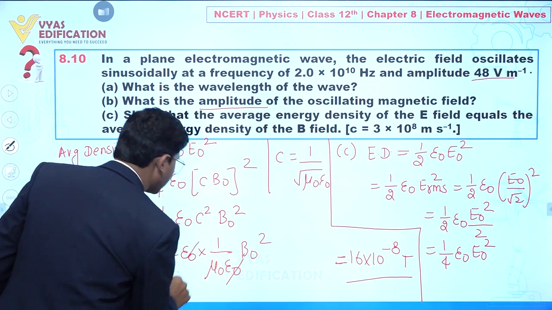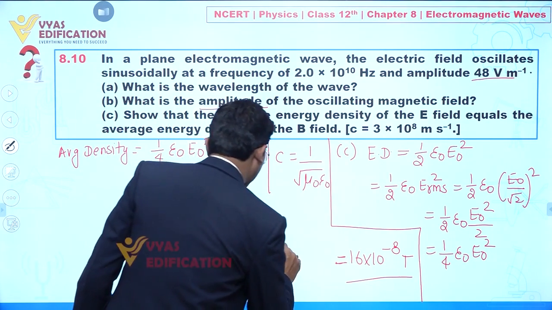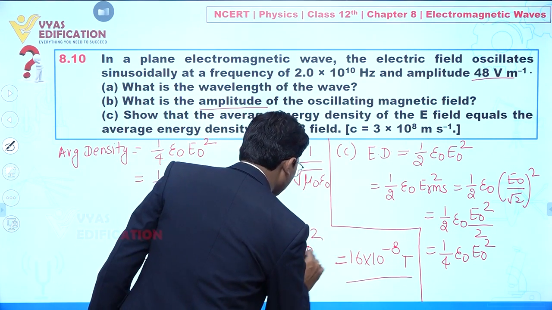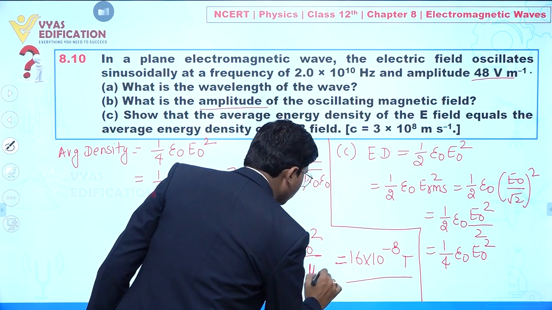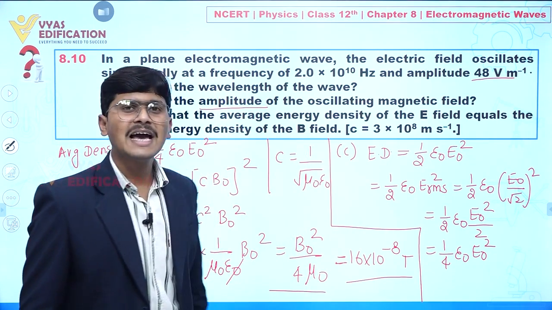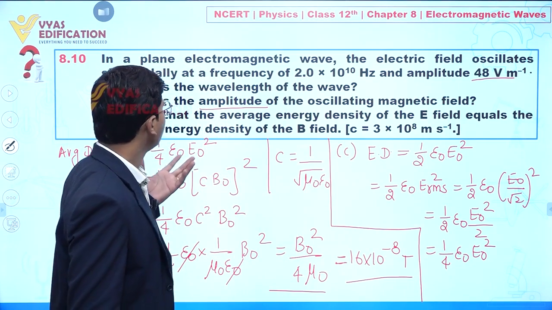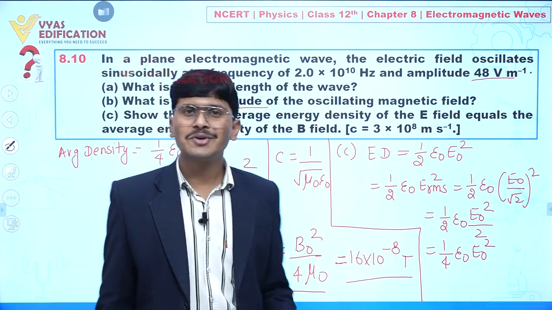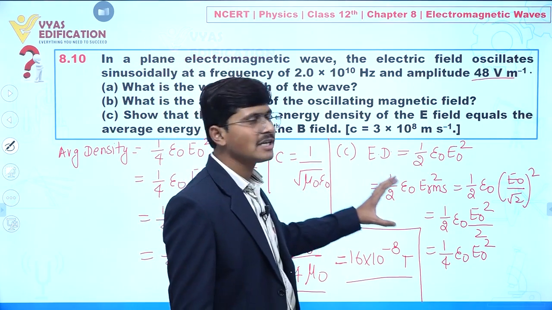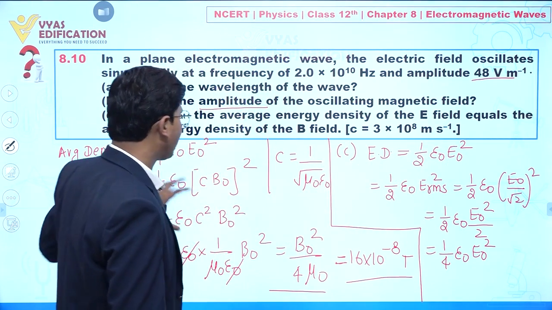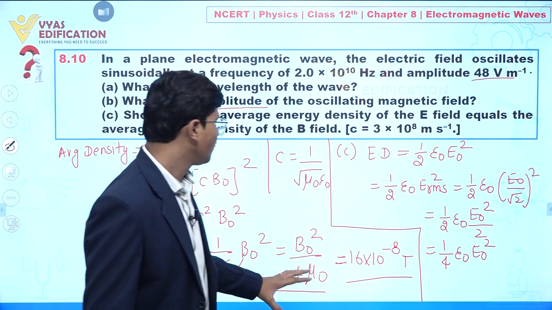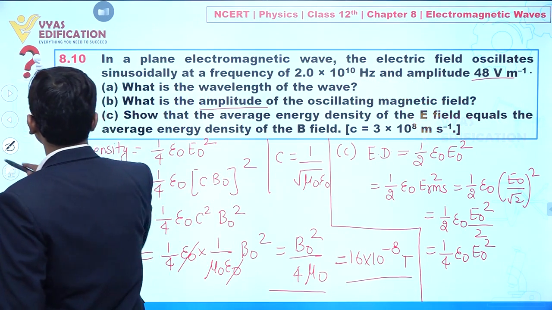From here epsilon naught cancels out, and this is equal to B naught square divided by 4 times mu naught. This is the average energy density of the oscillating magnetic field. So the average energy density of the electric field is equal to the average energy density of the magnetic field, clear to everyone?